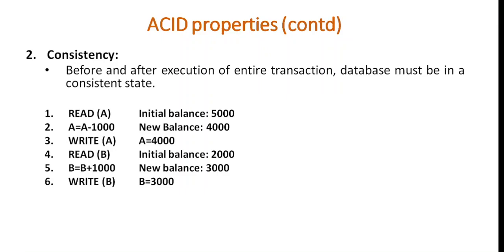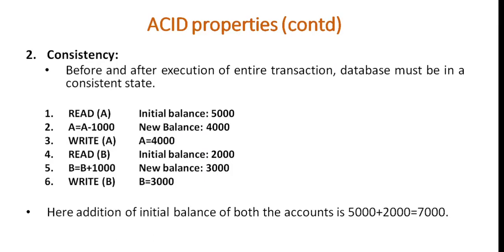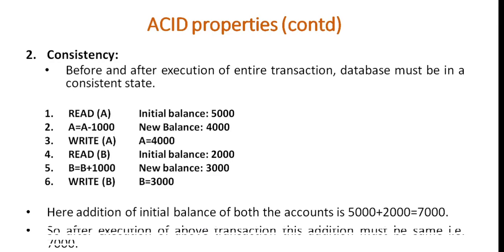Now in the consistency property, we want that if the initial balance addition of both accounts is 7,000, then after execution of this transaction, the addition of both balances will be 7,000 only. See here, the initial balance of both accounts, the addition is 7,000. Then after execution of the transaction, the addition must be the same, that is 7,000. Then only we can say that the database is in a consistent state.